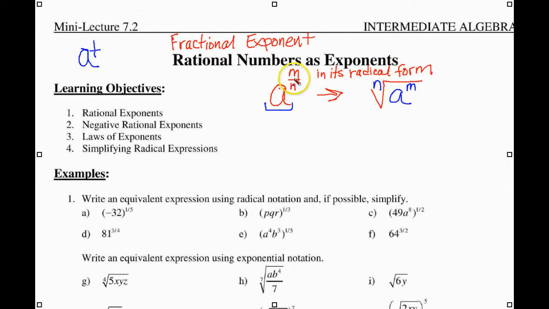And you're going to have this in your notes, and we're going to use it quite a bit. So let's start on our examples here. Write an equivalent expression using radical notation, and if possible, simplify.